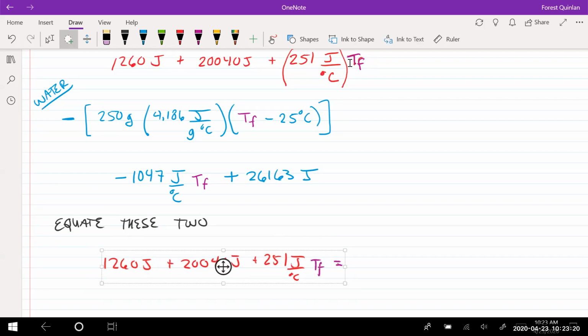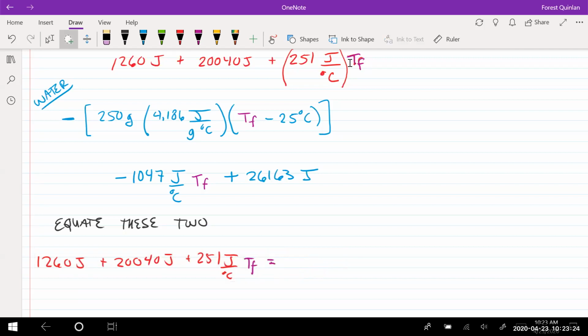I'm going to need that room. This is going to be equal to negative 1047 joules per degree Celsius times our final temperature, plus 26163 joules.